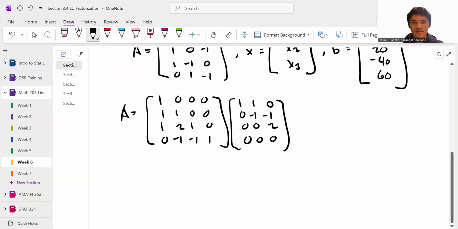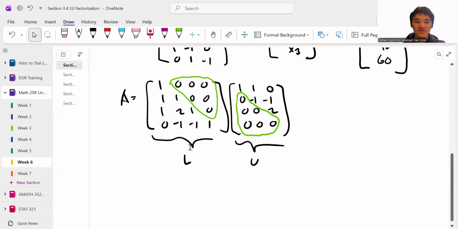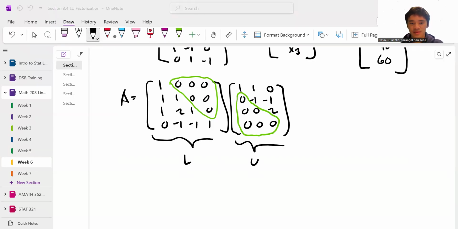That's going to be A. Let's say this is the matrix L and this is the matrix U. Here we see this is a lower triangular matrix, with zeros all the way here. This is an upper triangular matrix, so we see the lower area being zeros. A lower triangular matrix multiplied by an upper triangular matrix is what makes up A. And so this is actually LU.